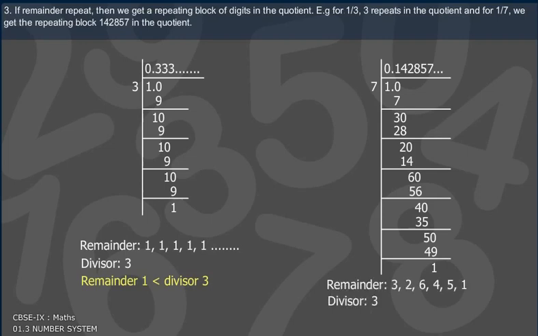And third, if the remainders repeat, then we get a repeating block of digits in the quotient. Example, for 1 upon 3, 3 repeats in the quotient, and for 1 upon 7, we get the repeating block 142857 in the quotient.